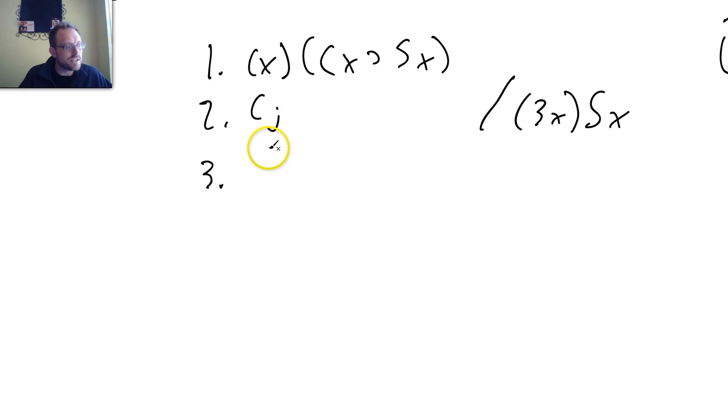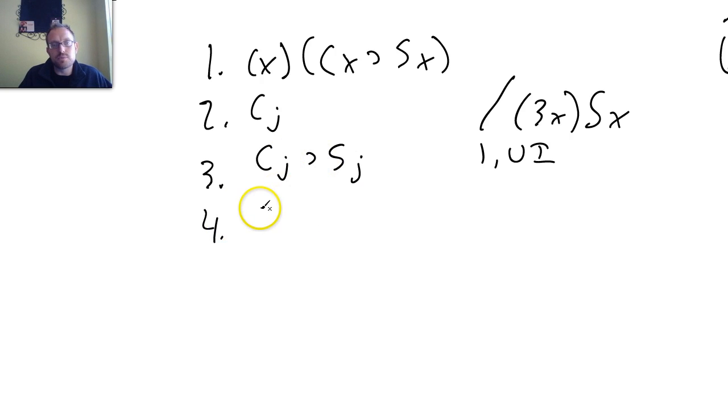So this is going to turn into Cj → Sj, and that's line 3, universal instantiation. Remember, universal instantiation allows me to pick whatever constant I want. And since I need this in order to make the modus ponens work, that's what I have to do. So line 4 is a clear modus ponens: Sj, lines 2 and 3, modus ponens.